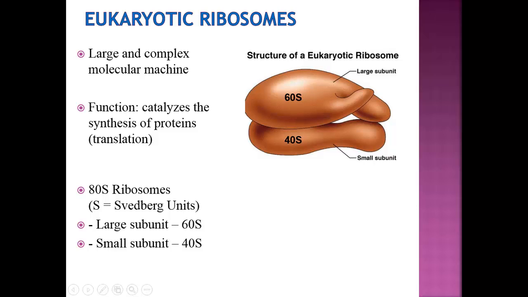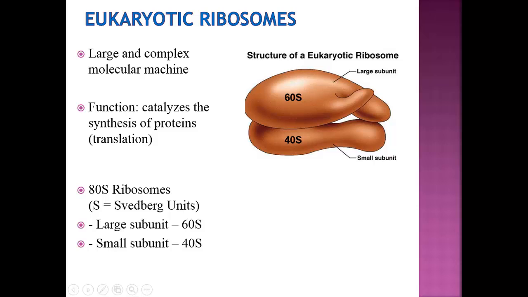Let us focus on the ribosomes. First, eukaryotic ribosomes are large and complex molecular machines that catalyze the synthesis of proteins. Eukaryotic ribosomes are 80S ribosomes. S is the Svedberg unit for ribosomes.